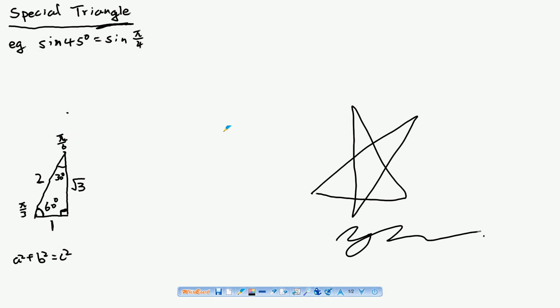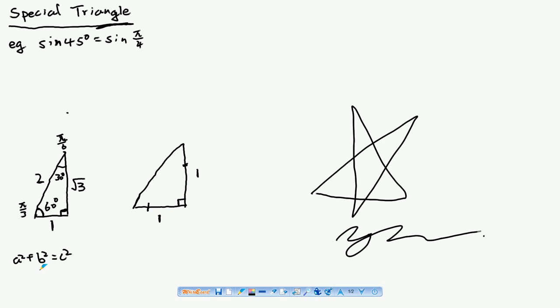This is one special triangle, and the other special triangle looks like that. In this triangle, the base and the height have the same length. So let's put the base as 1 and the height as 1.